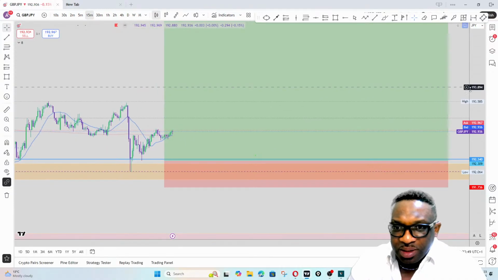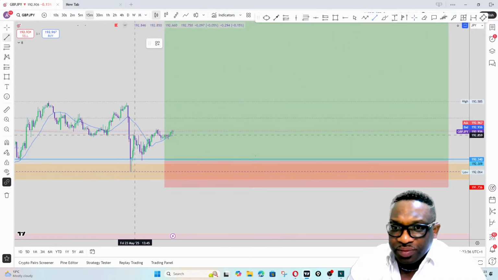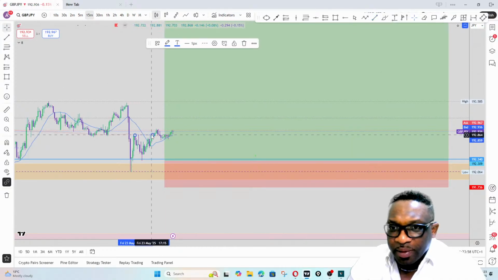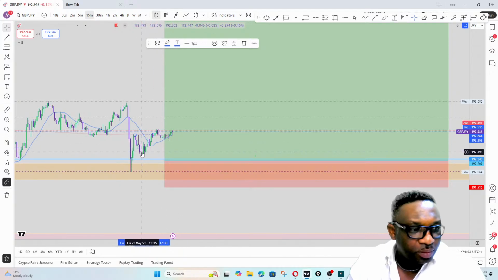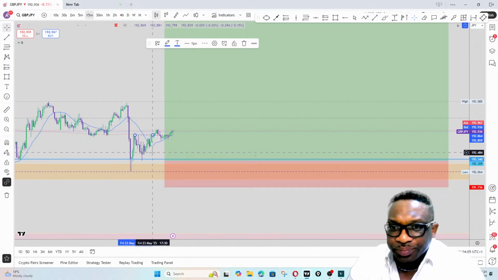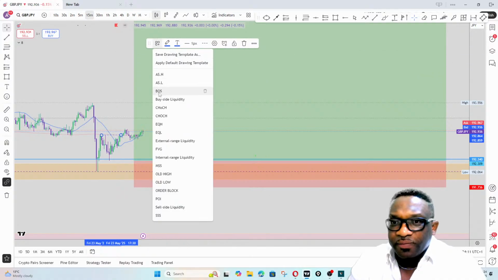So on the 15 minutes, I can identify a break of structure here as well. So the origin will be from this point on. A break of structure on the 15 minutes.